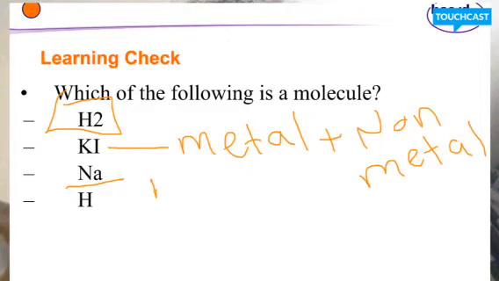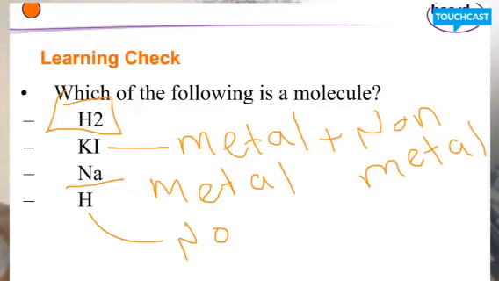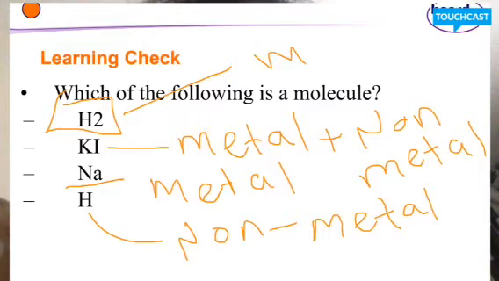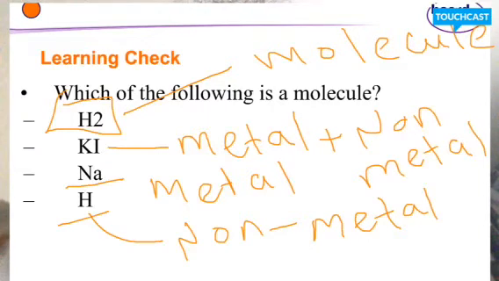Sodium is actually a metal. Hydrogen is a non-metal. However, as we know, a molecule has to be 2 atoms or more joined together. So in conclusion, H2 is a molecule. H on its own is not a molecule. So that's the first concept that you need to understand.